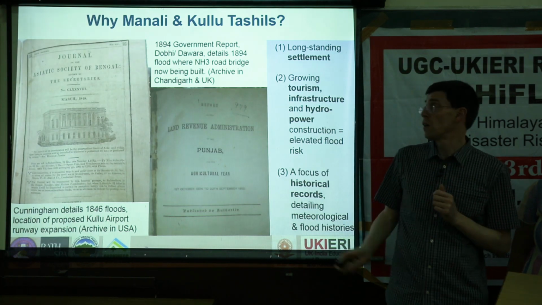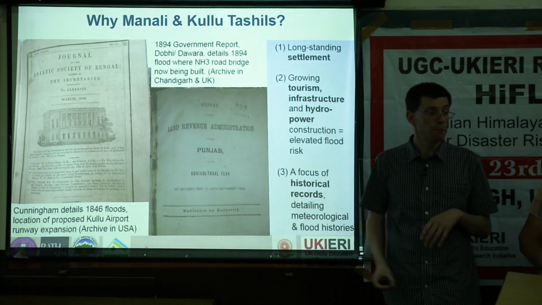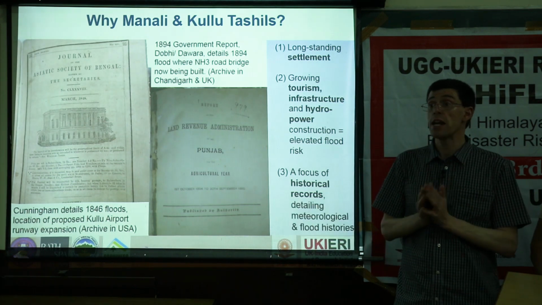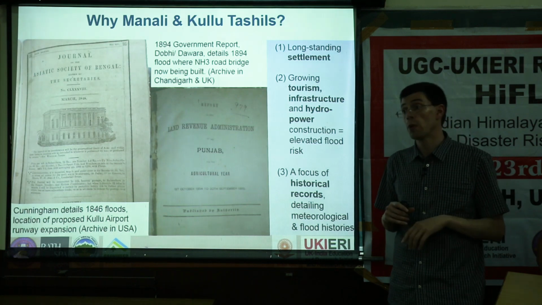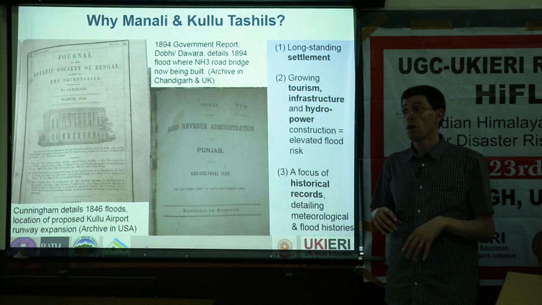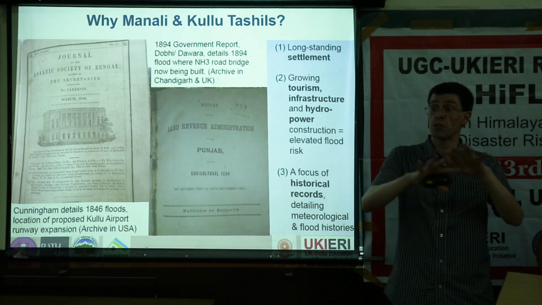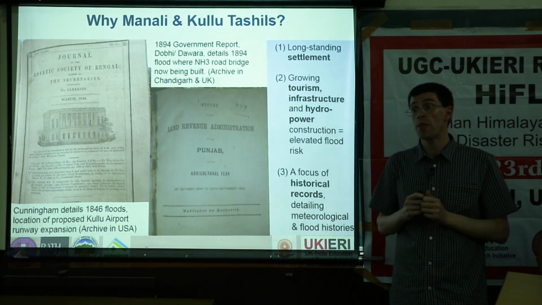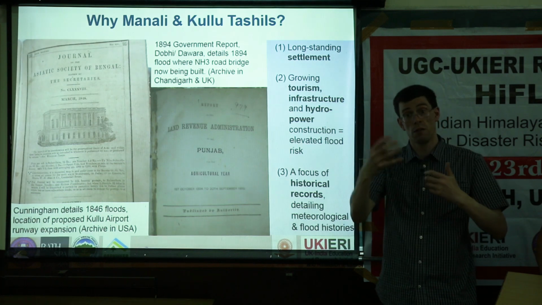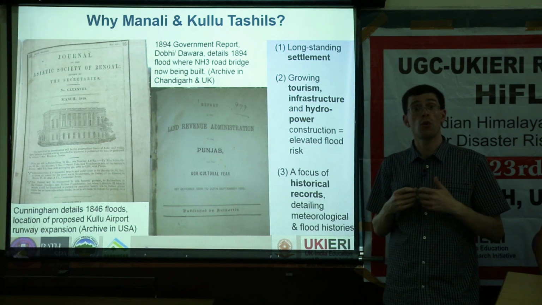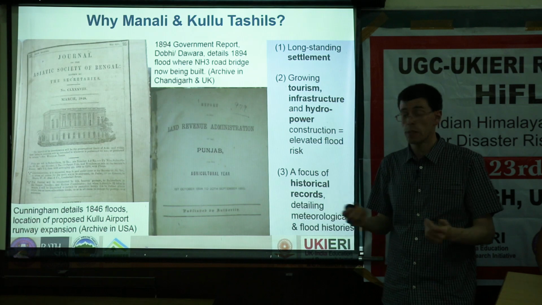One is an academic journal paper published in 1848, and it details a flood near the Kullu Manali airport at Bhuntar. And one of those streams flooded significantly in an area where they're now proposing to extend the runway. So we have to learn from these historical sources in order that our future development is sustainable.